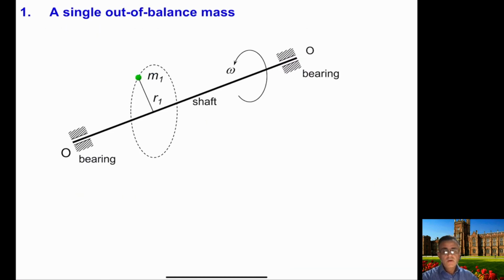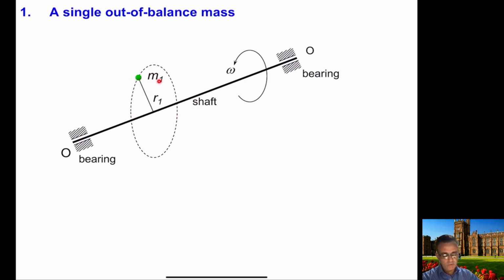Okay, so the first and the most simple case is if you have a single out of balance mass in a system. So if you consider this shaft, there may be some pulley or gear or some other component attached to it, and there may be some unbalanced mass in the system, and the mass here is represented by M1.